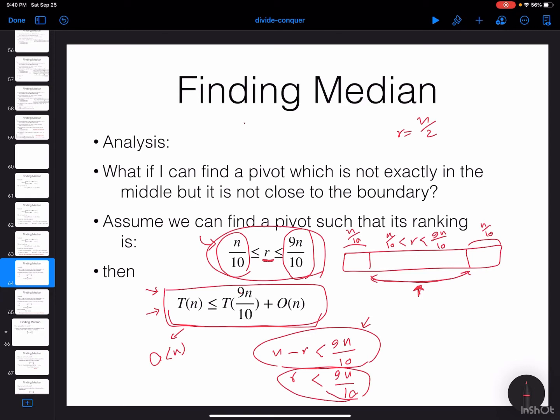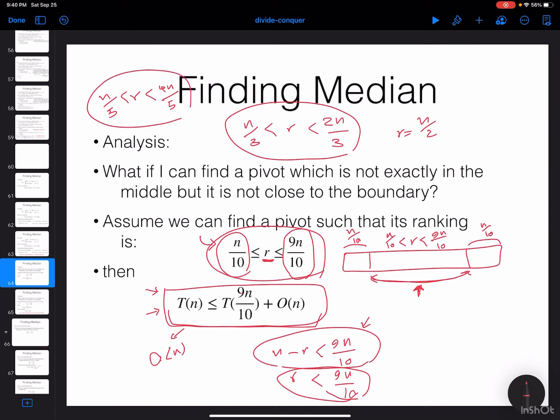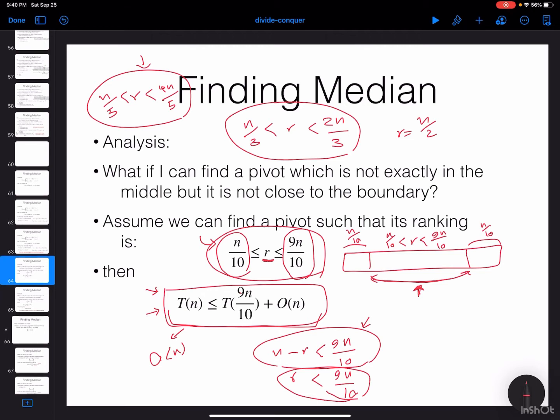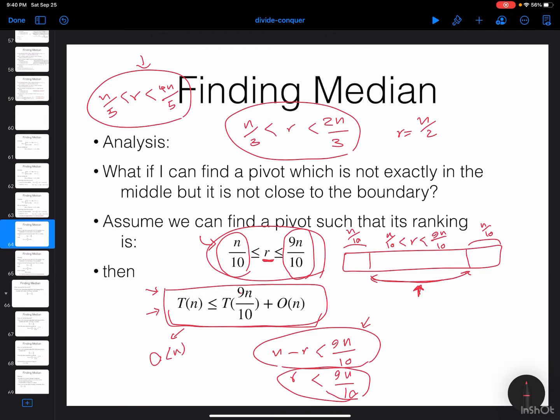For example, if you can find something like n-third and 2n-third, this is going to give you exactly the same answer for the time complexity. Or for example, n-fifth and 4n-fifth. All of these are going to have the same effect in solving the time complexity.